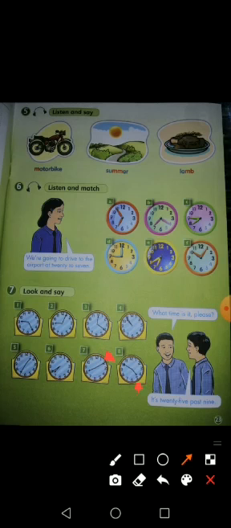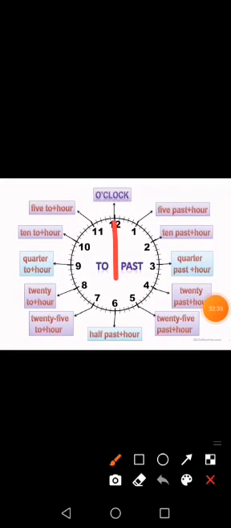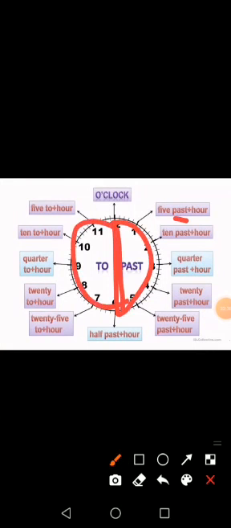Okay, student? And this is all for today. If you have any question or comment, just let me know, and keep in your mind that in this part we use past and in this part we use to. It is 5, 10, quarter, 20, 25.